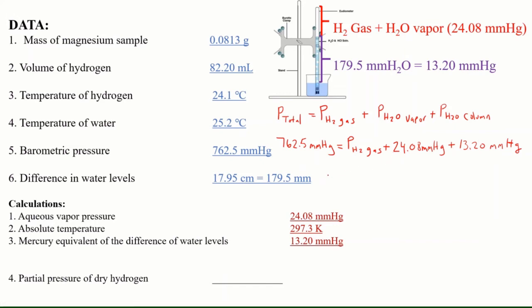So to solve for the partial pressure of hydrogen gas, the pressure of hydrogen gas will equal the total pressure minus the vapor pressure plus the column of water, which is 13.20 millimeters of mercury.